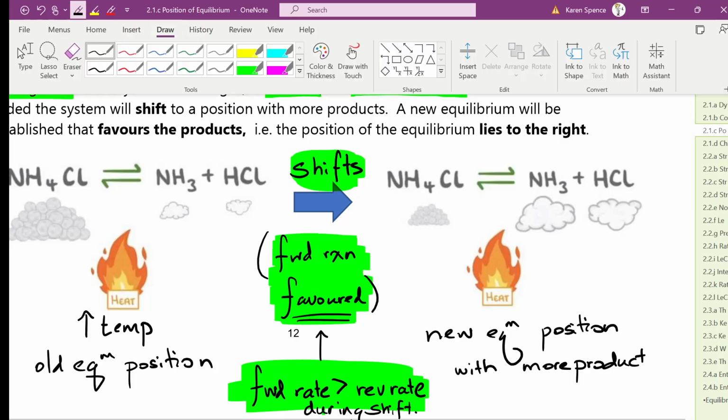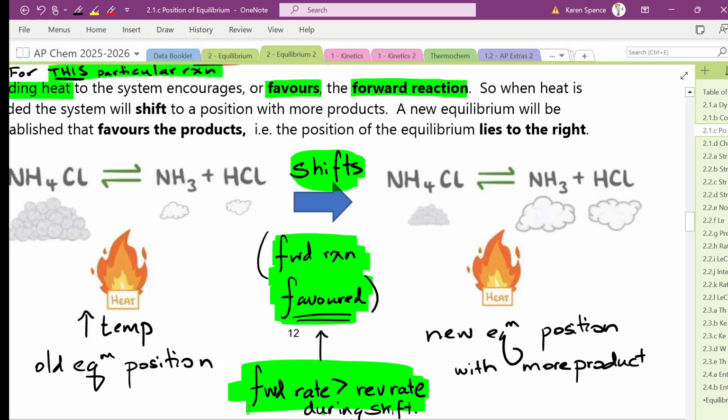So we got a whole bunch of new language here. This shifting just refers to the position of the equilibrium. We shift from a position where we had the reactants favored.